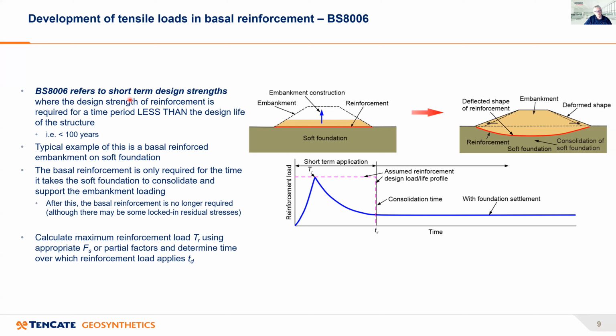The reason it calls it that is that the design strength of the reinforcement is only required for a time period that is less than the design life of the structure. So, for example, the design life of the embankment may be 100 or 120 years, but the design life you want from your reinforcement is less than that. And I'll show you why that is here now.